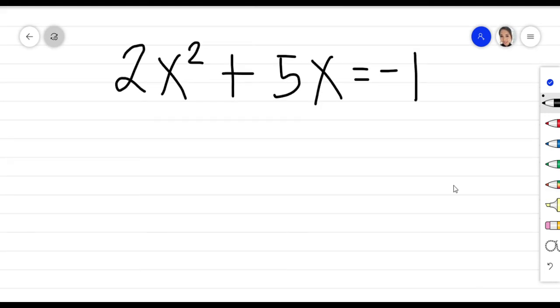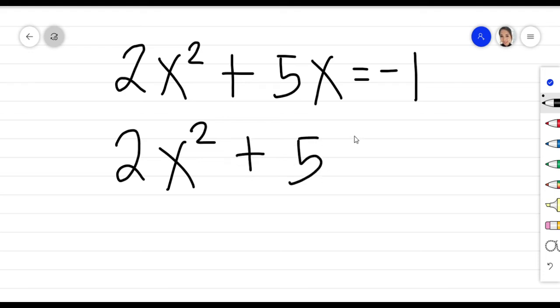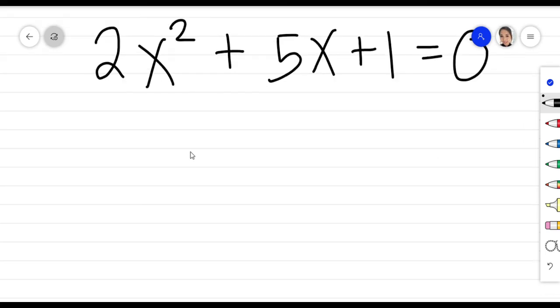Here's the next example: 2x squared plus 5x equals negative 1. Obviously, this quadratic equation is not written in standard form, so we have to write it in standard form. That is 2x squared plus 5x, and then we transfer negative 1 to the left side, so that becomes positive 1, equals 0. Let's find the roots for this quadratic equation using the quadratic formula.